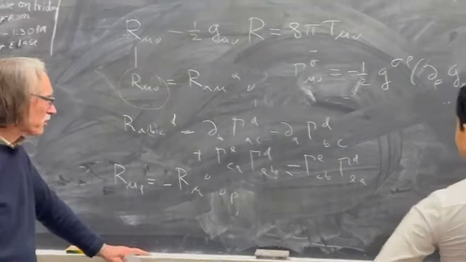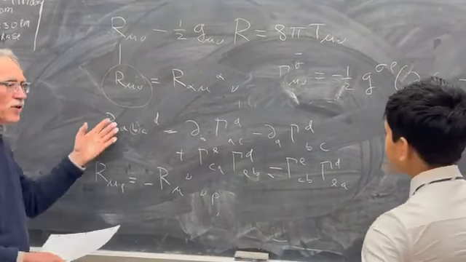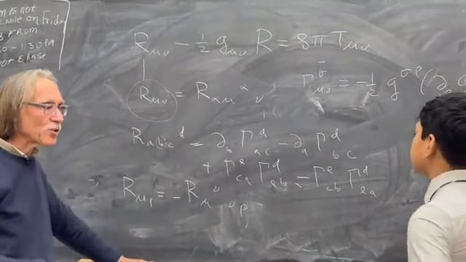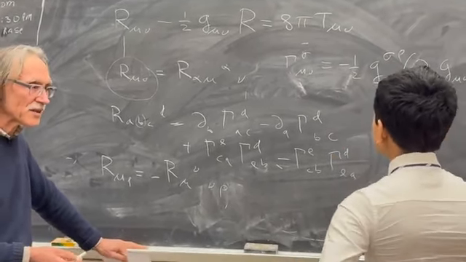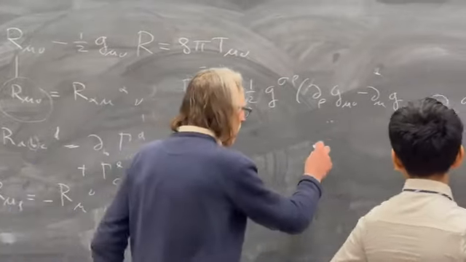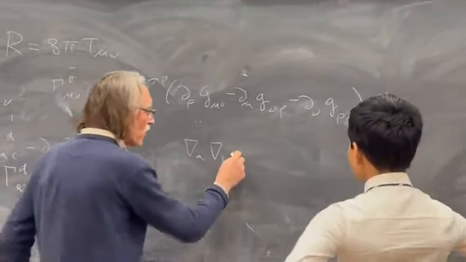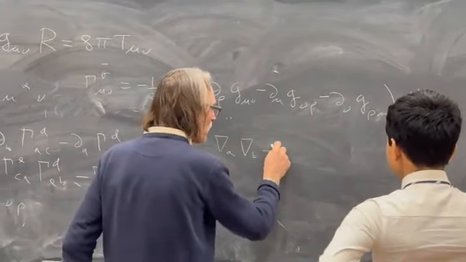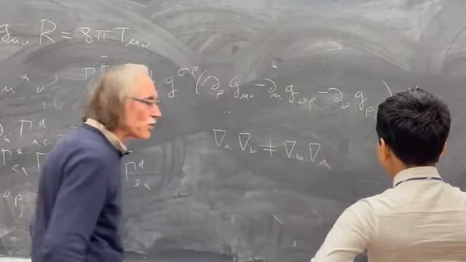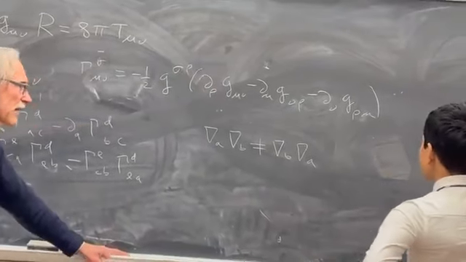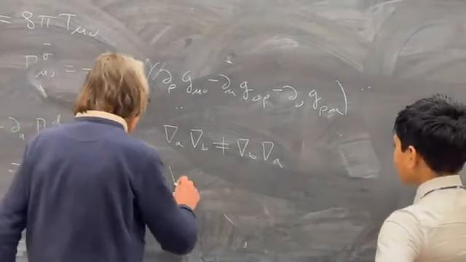So what we discussed is what the Riemann tensor is actually doing. It has to do with covariant derivatives. If you have covariant derivatives, they do not commute. This is not equal to the result when you do it in the other order. And the Riemann tensor tells you how it does not commute.